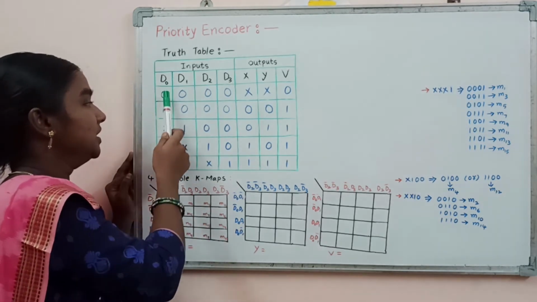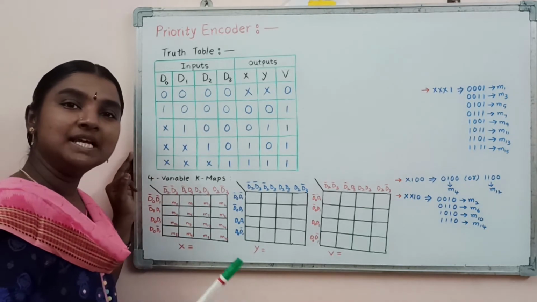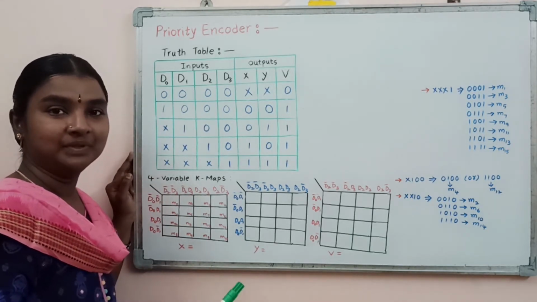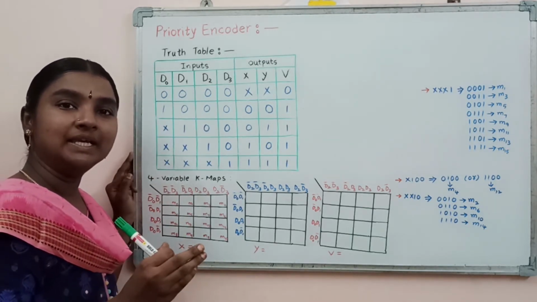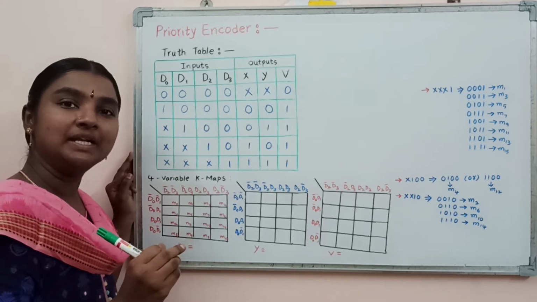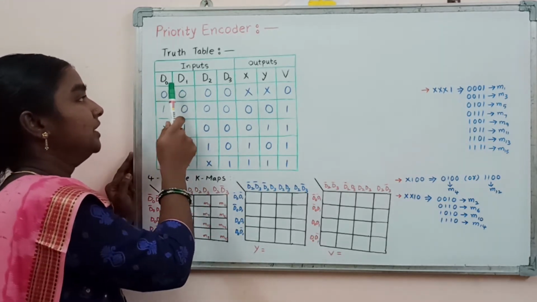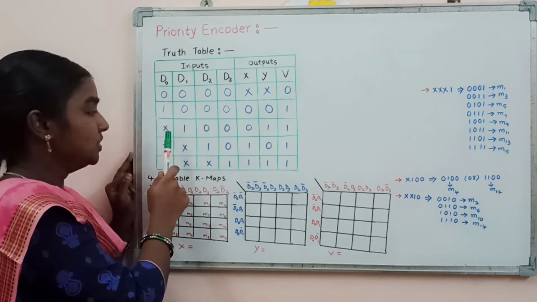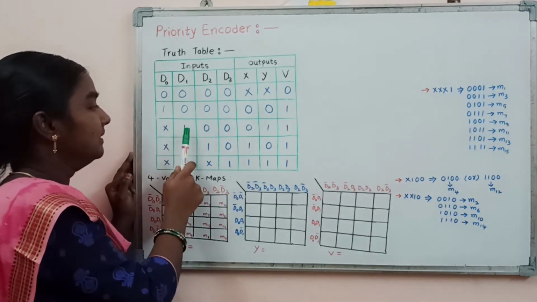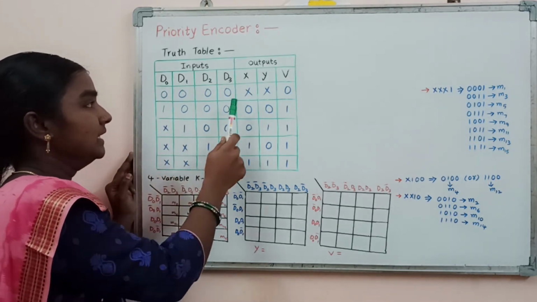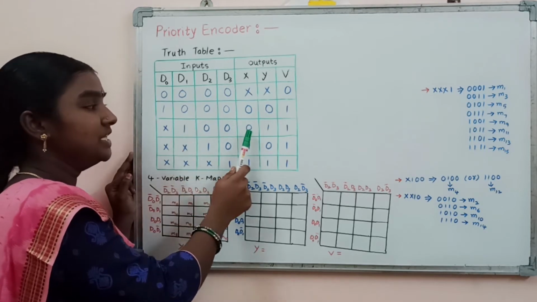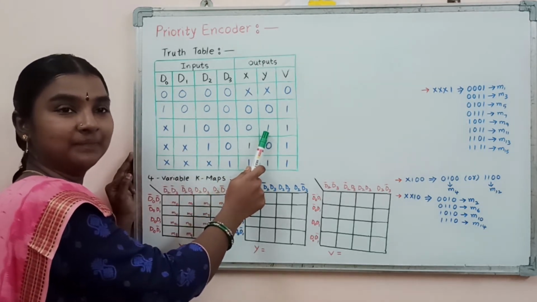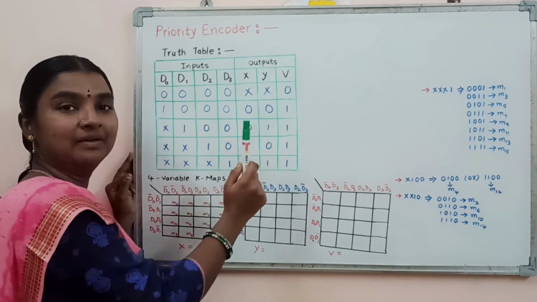Here the D0 bit we may consider as either 0 or 1. So based on priority, we have to give priority to D1 compared to D0. So for D1 equal to 1, the respective binary code is going to be 0, 1 and the V value is going to be 1.